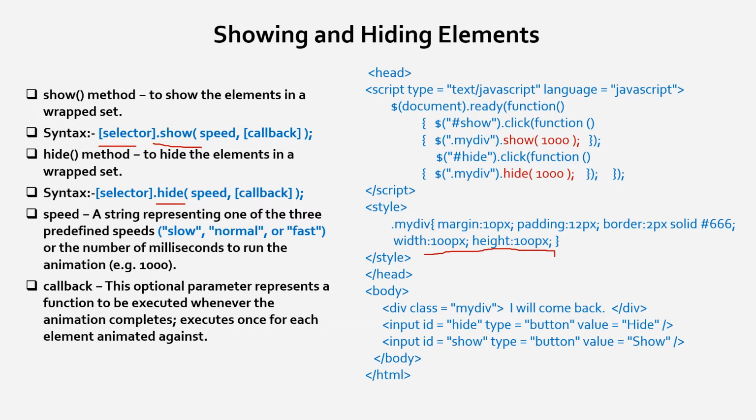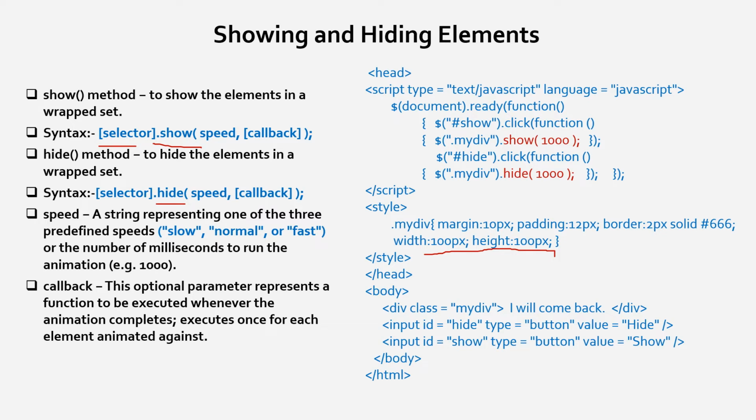The moment you click, that should display, that means that will show that thing. And next, if you click hide, that should go off. This is the thing we need to implement.